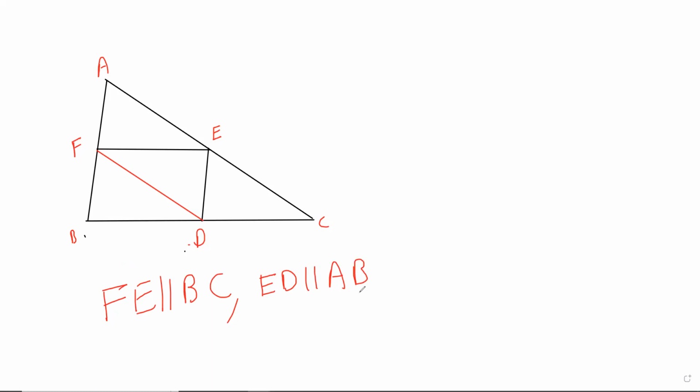These two are given. What can you say about FT? You can look at the angles and see if you think that is correct.